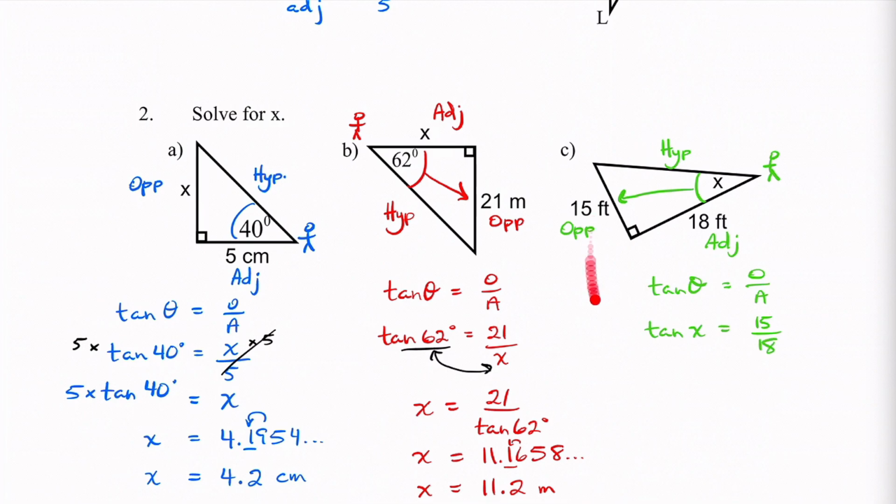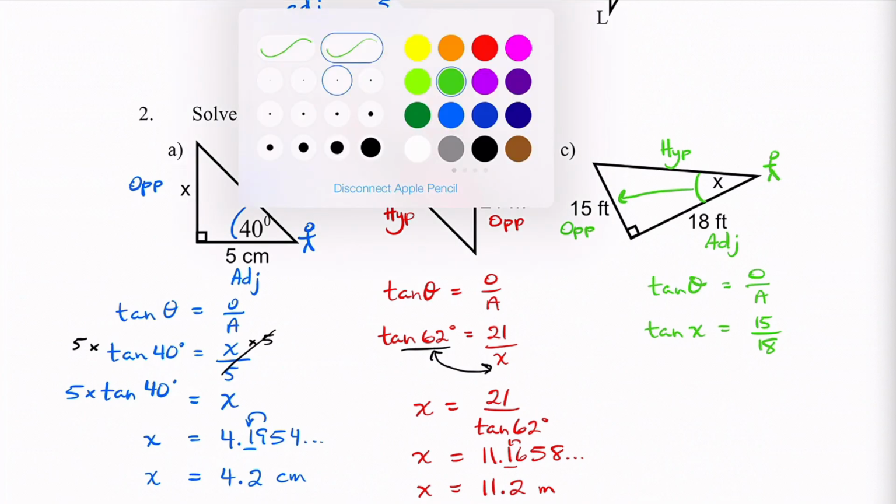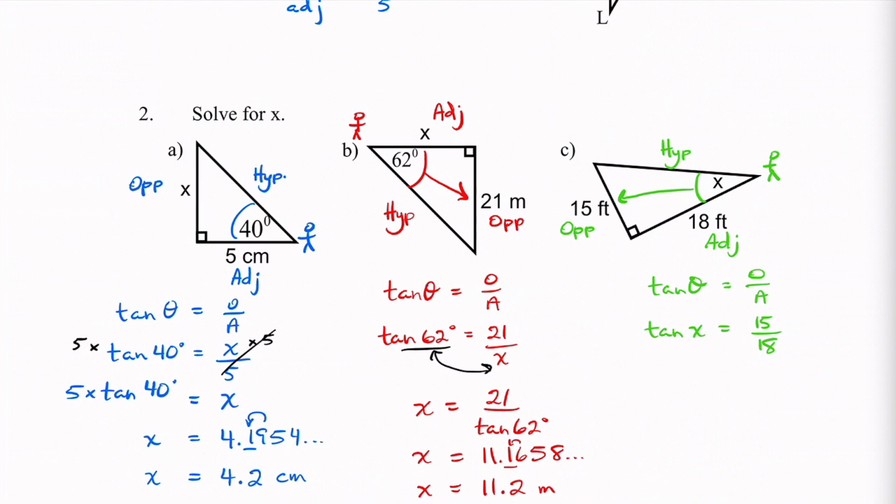Now this question is a bit of a different style than these previous two, because here we're finding an angle. Now we want to get this angle, or this x, by itself, so we got to somehow get rid of this tan here. The only way to get rid of a tan is to do the opposite, or the inverse of tan. So to get rid of this tan, I have to take what's called tan inverse, because then the tan inverse and the tan will cancel.